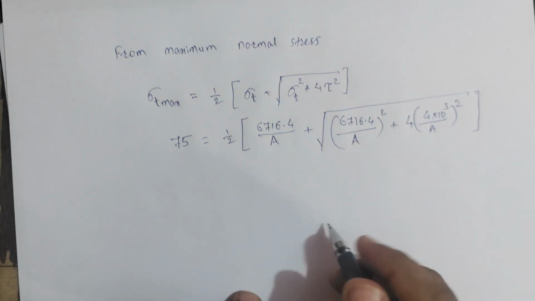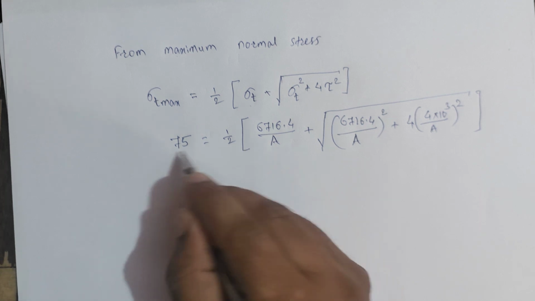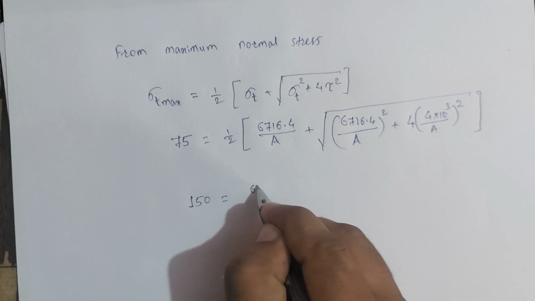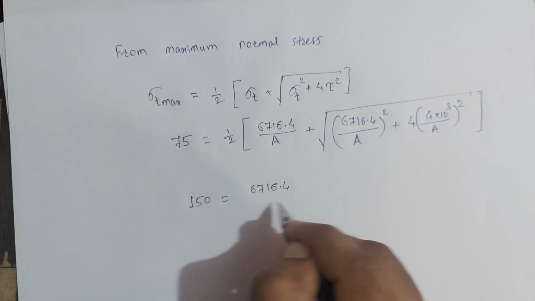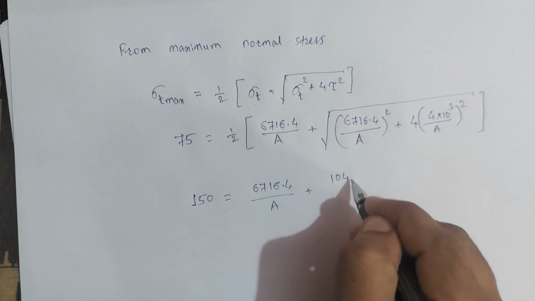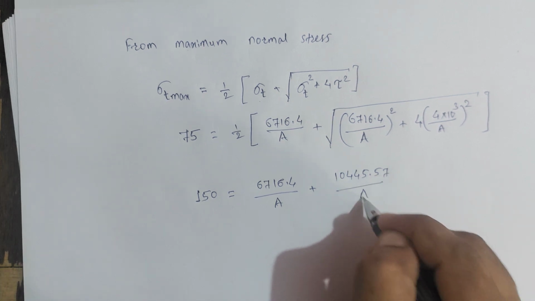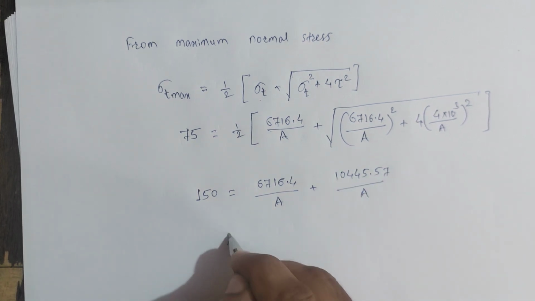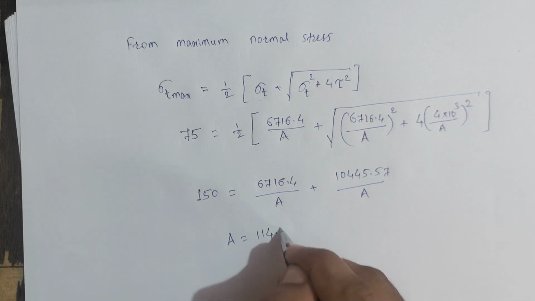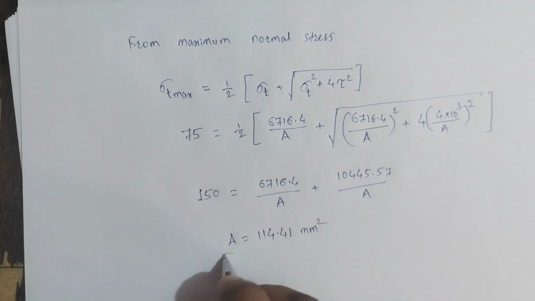So if we simplify this equation, we take this 2 to this side, 150 is equal to divided by A plus 10445.57 divided by A, and finally from this equation we'll get A is equal to 114.41 mm square.